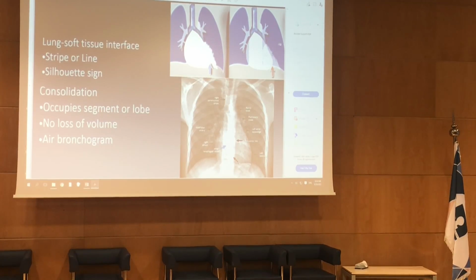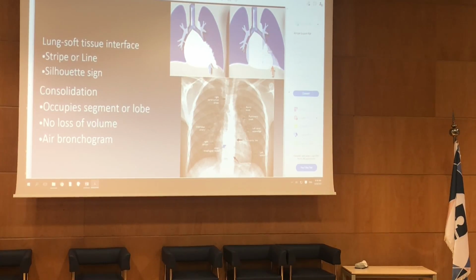So back to this, what is this patch of increased density? This is consolidation, because there's no loss of volume. The lung still has the same size, but there is this triangular or segmental increased density. So it's a consolidation, it's pneumonia. So when I see a lung and I see this patch and I can decide the demarcation, I know that once I see the margin of the heart, this pneumonic patch or lobe is not in contact with the heart.